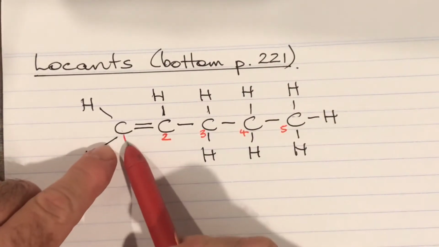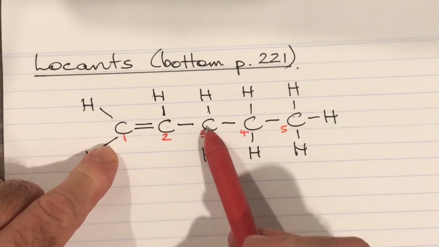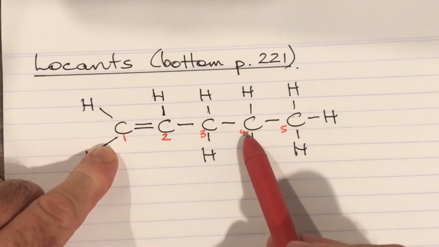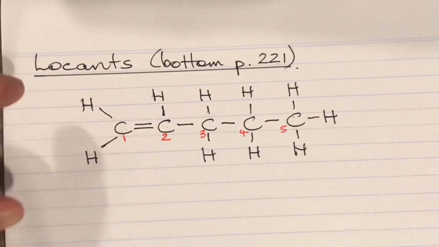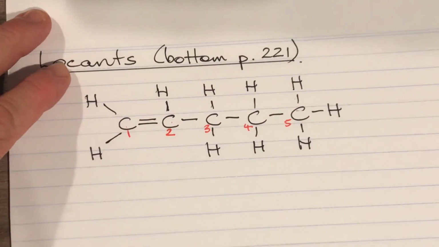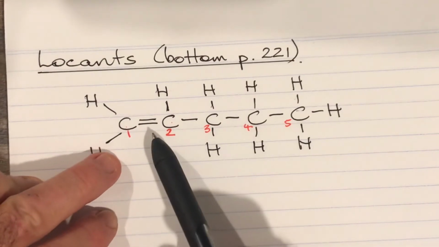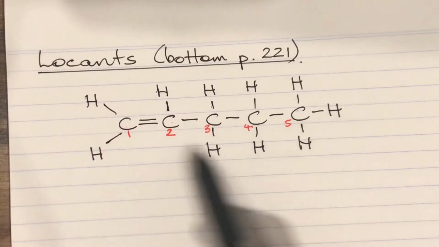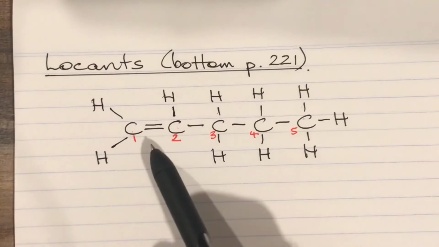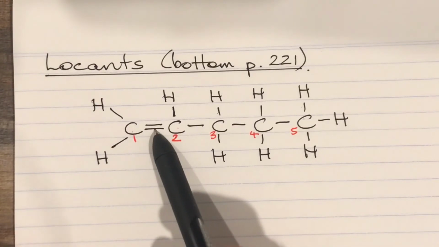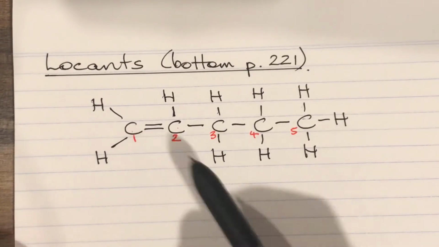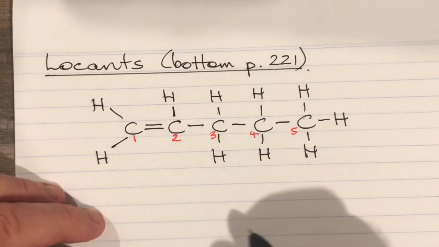So this is carbon 1, this carbon is carbon 2, this is carbon 3, 4, and 5. And it's pretty handy to have these locants whenever we have multiple bonds in the molecule, a multiple bond being either a double bond or a triple bond.